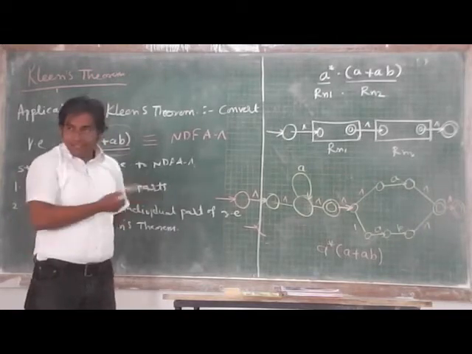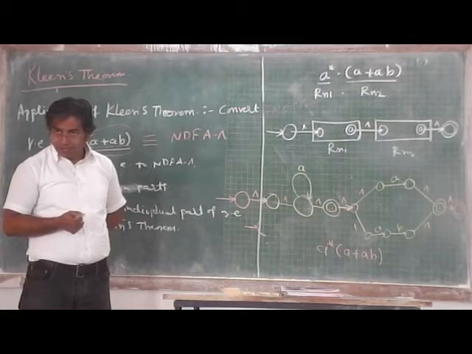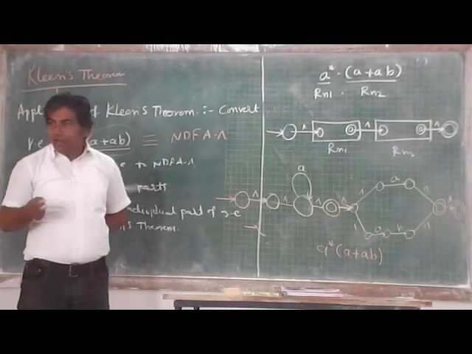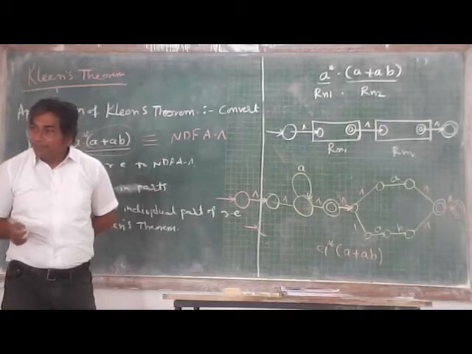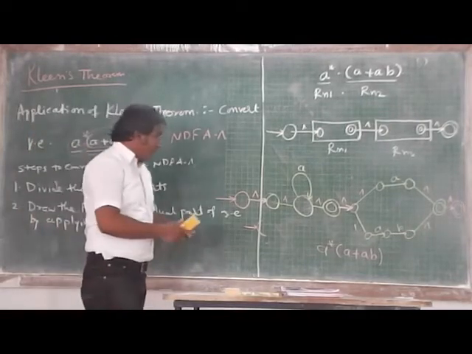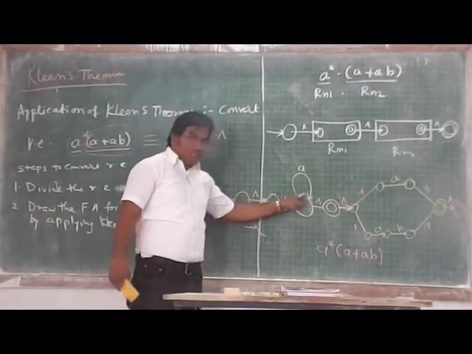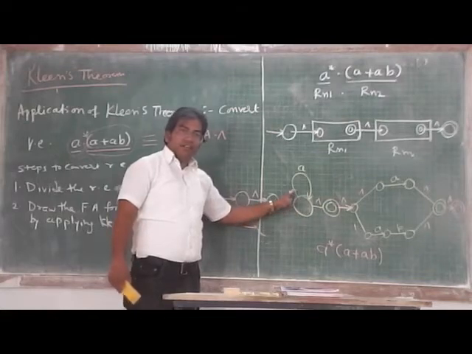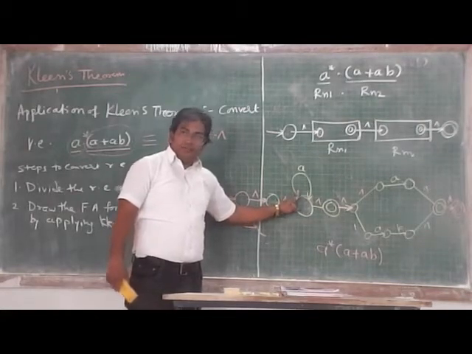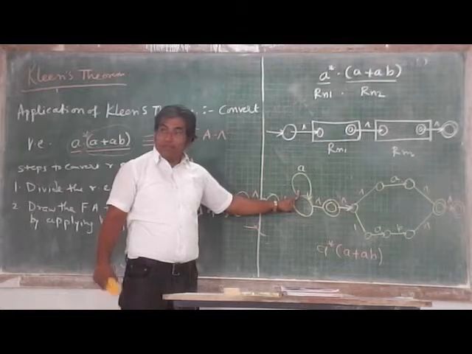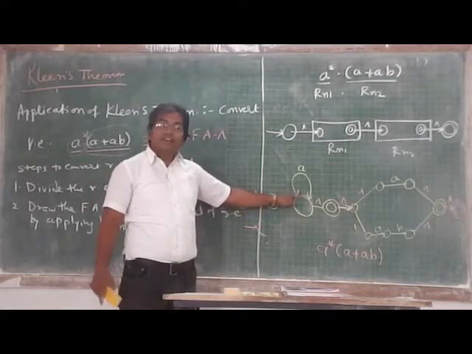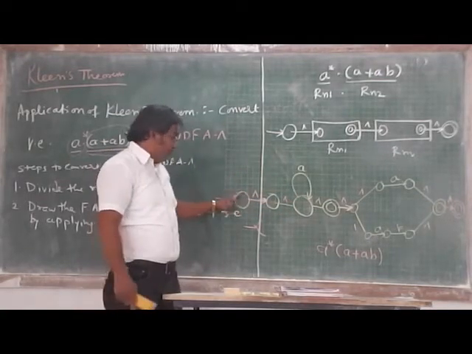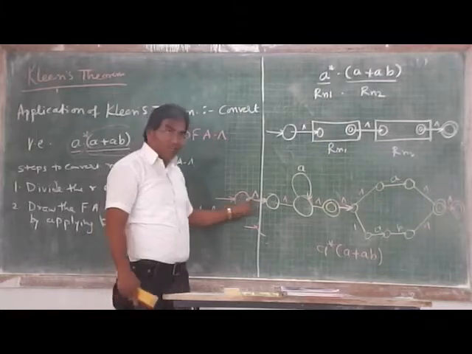How do you say it is an NDFA? Listen. Do you see anywhere that from a particular state you are having more than one transition for a single input? From this particular state there is only null.